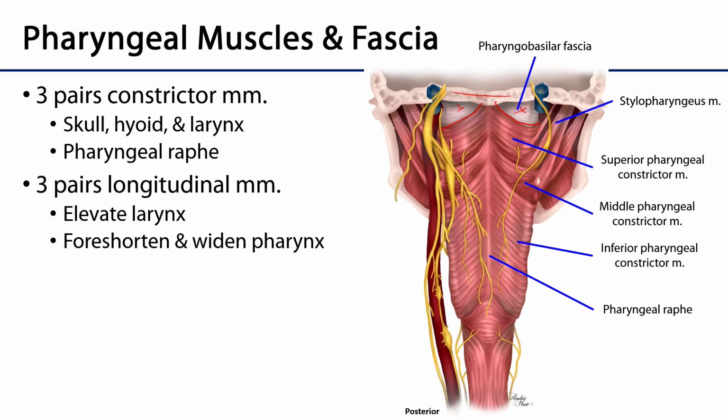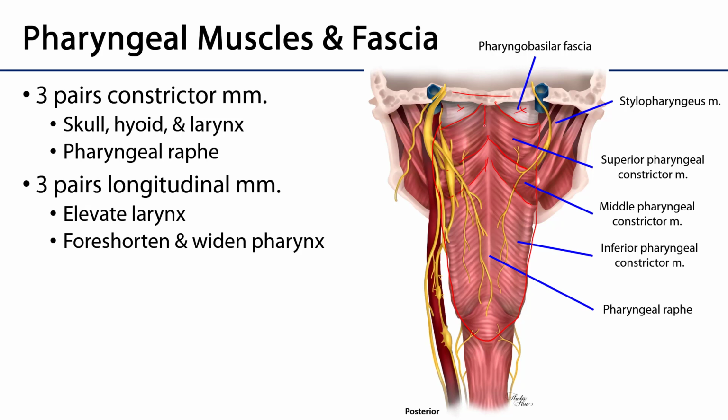The pharyngeal constrictors are probably the most conspicuous parts of the pharynx, looking at it posteriorly, and they look like a set of nesting cups. So there's the superior pharyngeal constrictor, there's the middle pharyngeal constrictor. They're not always this obvious, and then below that is the inferior pharyngeal constrictor.